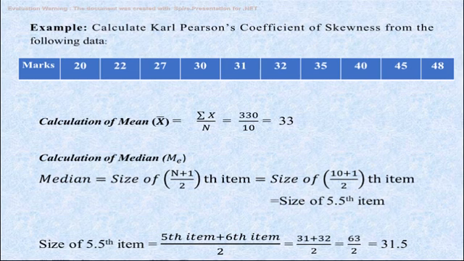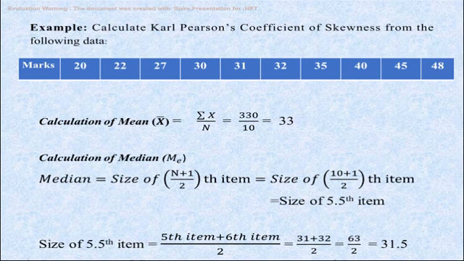Let us understand how to calculate Karl Pearson's coefficient of skewness with the help of this example. We have marks 20, 22, 27, 30, 31, 32, 35, 40, 45 and 48.